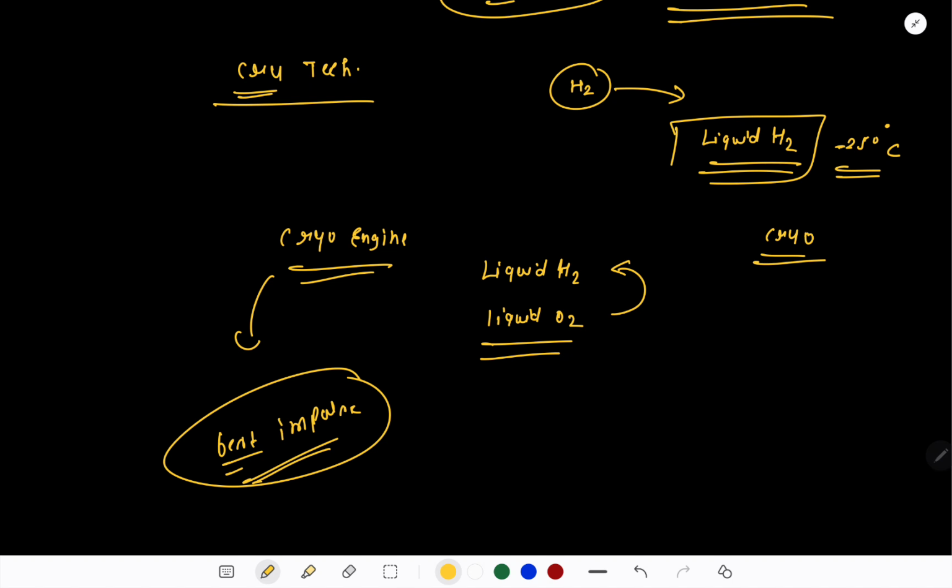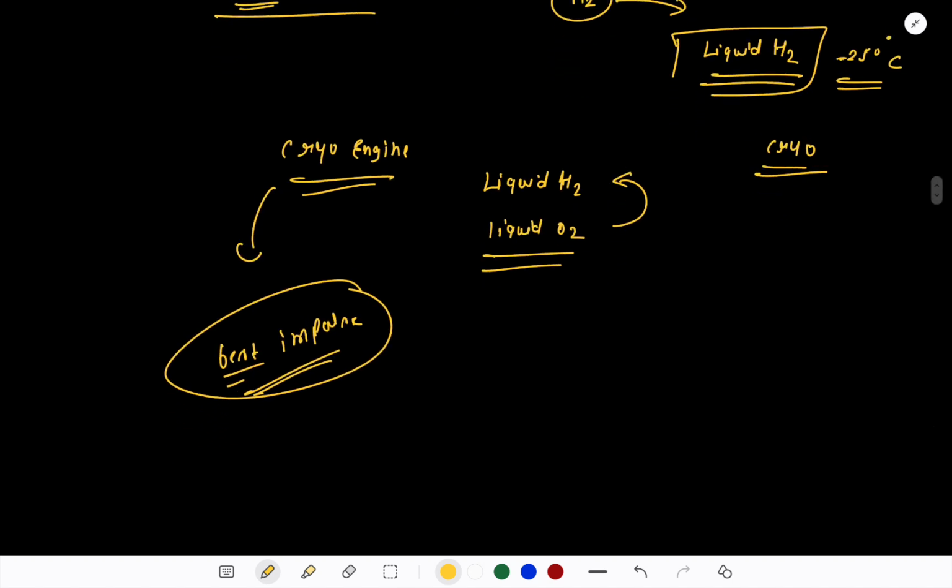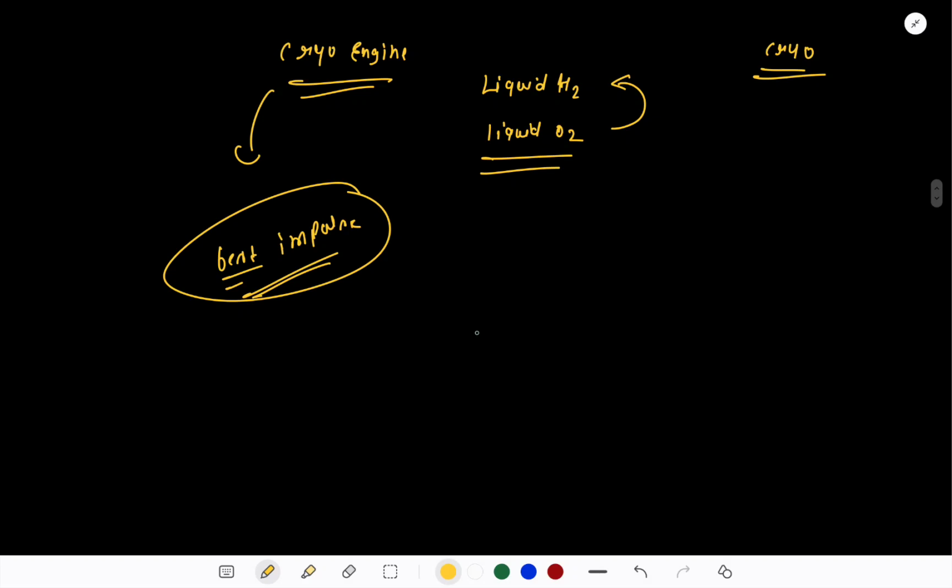Clear? Now talking about the fuel, the weight of the PSLV. The total weight of the PSLV is 3 lakh kg, or you can say 300 tons.